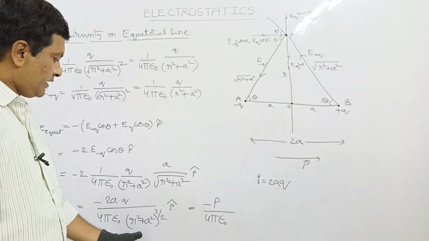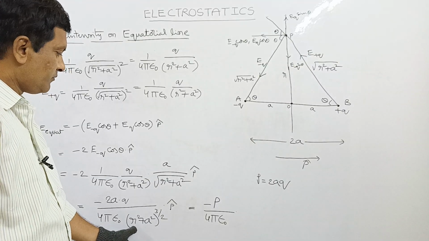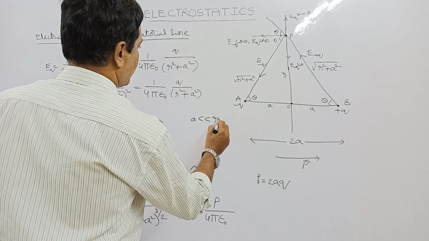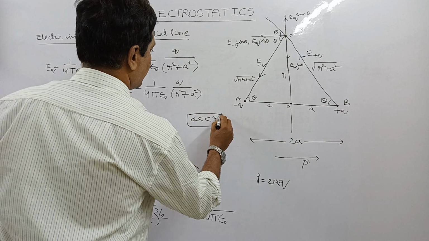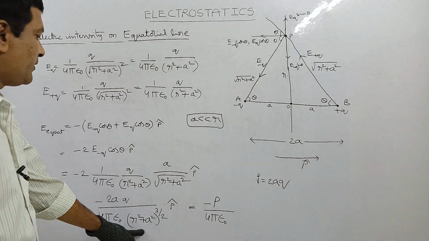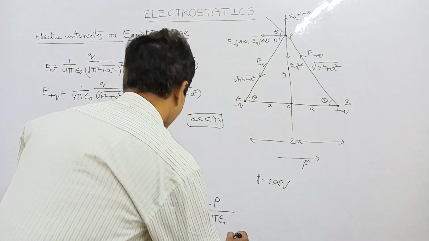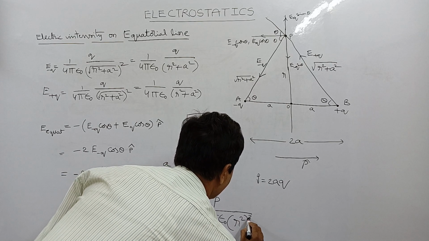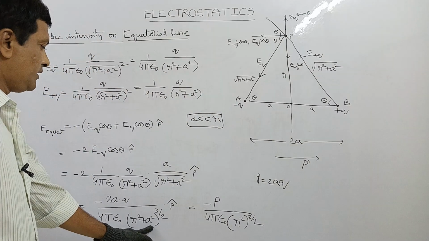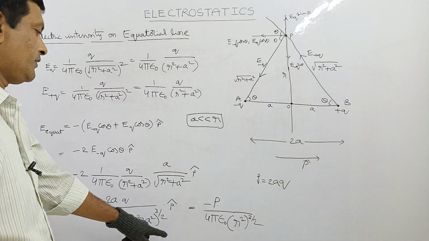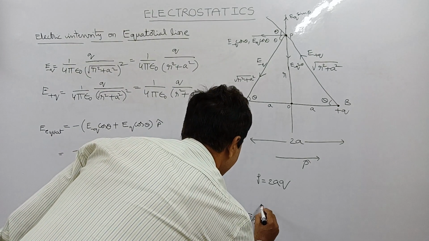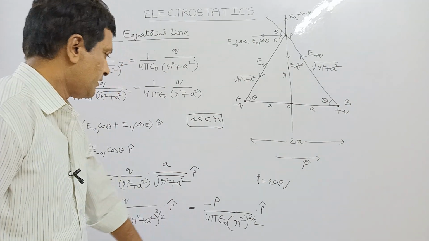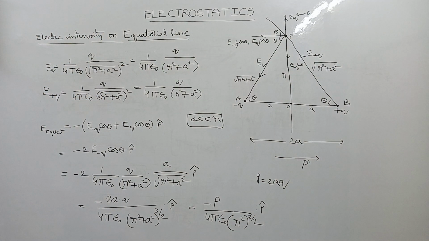That means when the distance A compared to R is very, very small, the condition is A far less than R. We can write this term as R square whole power 3 by 2. We have neglected the term A. Okay? So this is the electric intensity on the equatorial line.